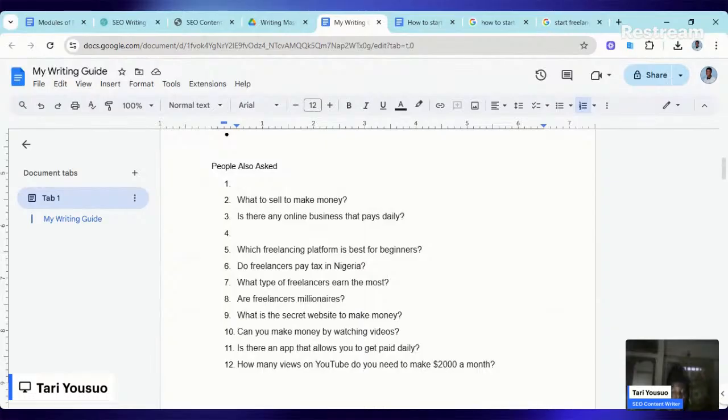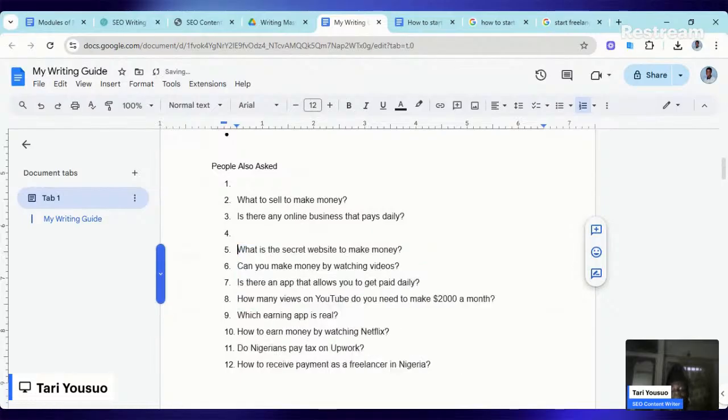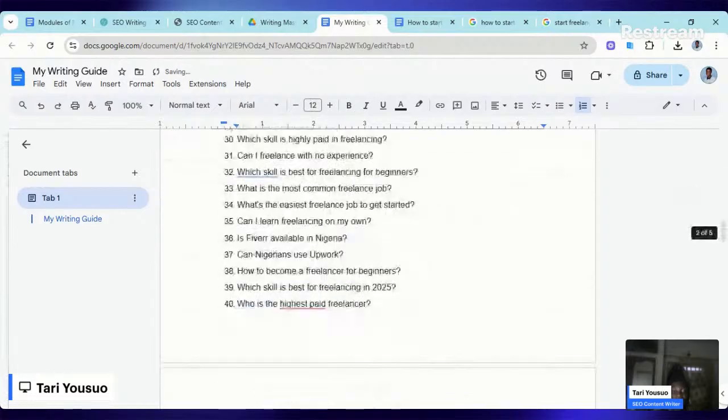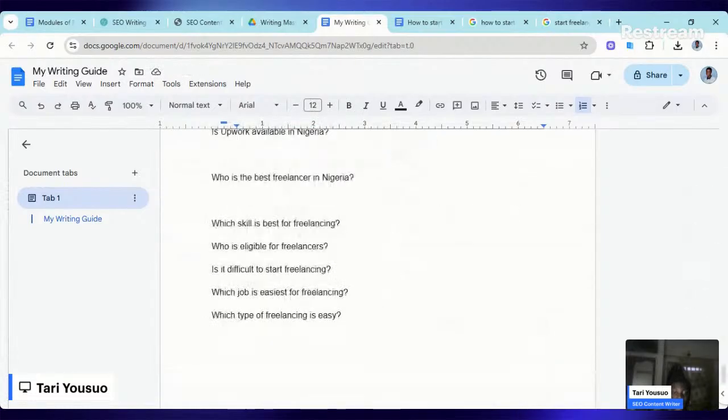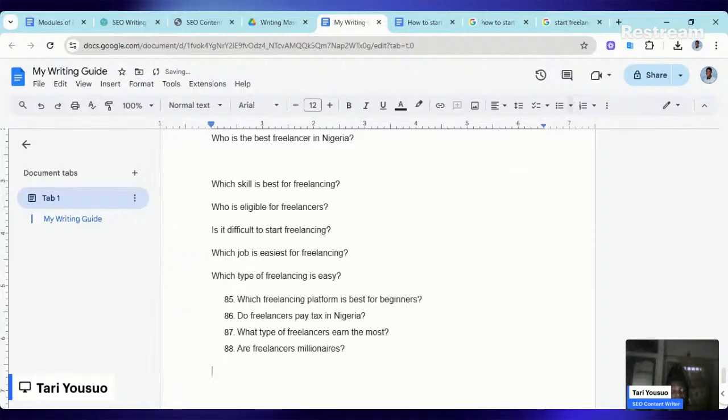So which freelancing platform is best for beginners? Here's the freelancers status. What type of freelancers earn the most? Are freelancers millionaires? So those are relevant. In the end, I'll still group some of these together.